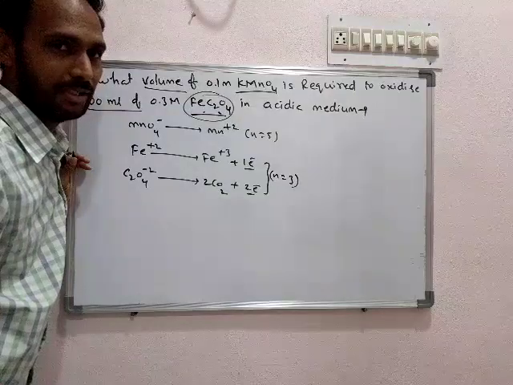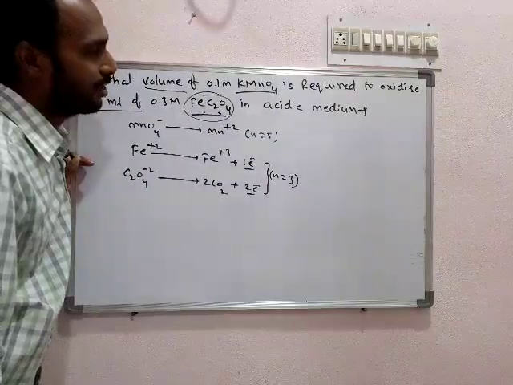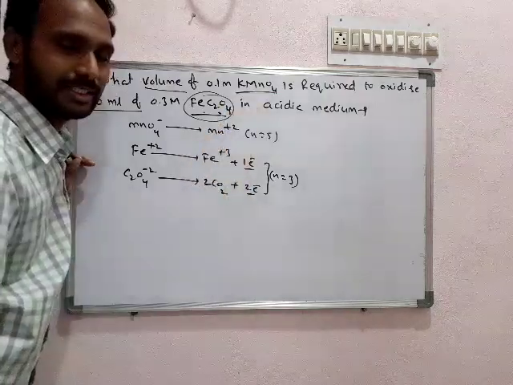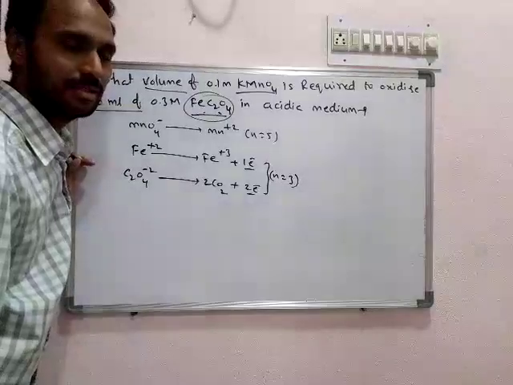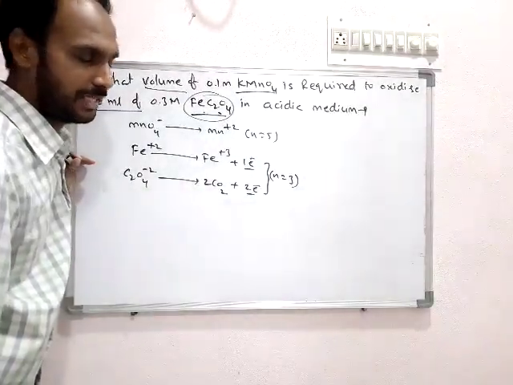And this problem is again given in terms of volume. So we know that the volume is given, and the two reactants are completely reacted. So we can exactly equalize their milli equivalence.